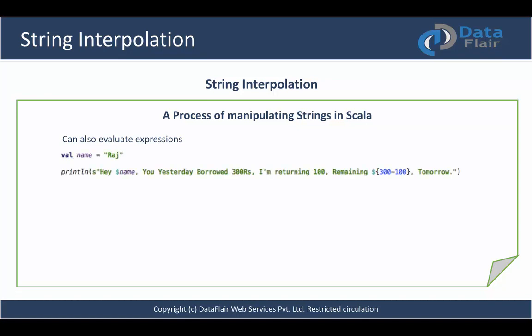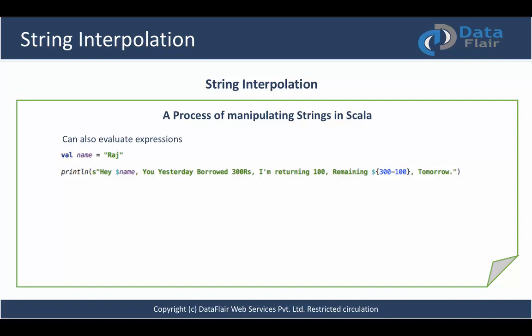So how do we do it? Let's see. We have this value name is equal to Raj. Then we want to print that value. For that we are using this s thing. This is the interpolator. We have given a double quote, then we wrote hey $name. The $ sign here works as a placeholder.